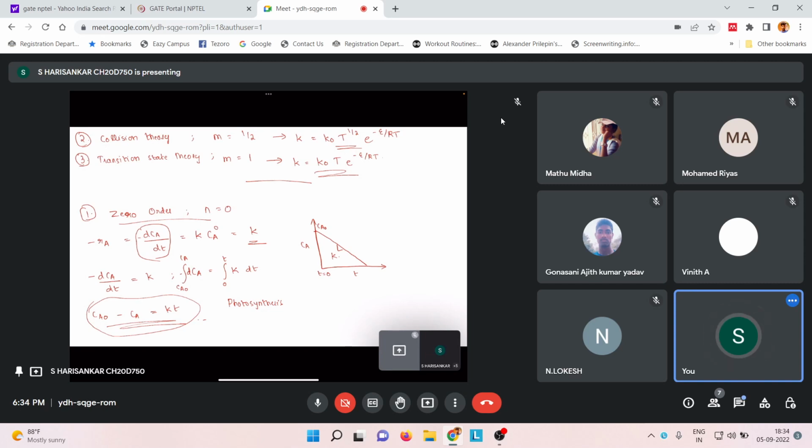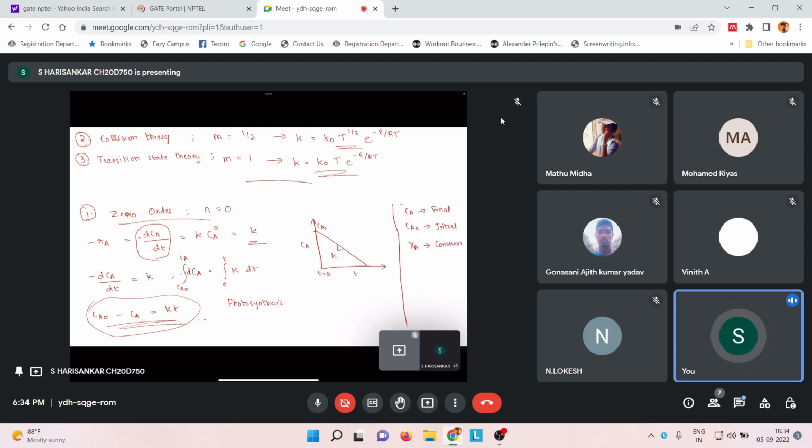Okay, what else can we do with this? One more thing we need to note. We said that CA is the final concentration and CA0 is the initial concentration, right? There is one more term here, XA, which we can term as conversion.